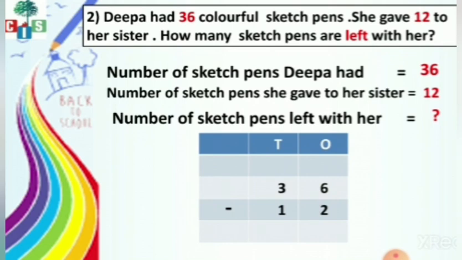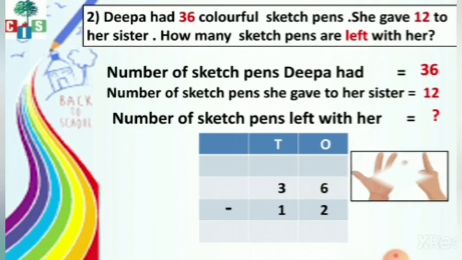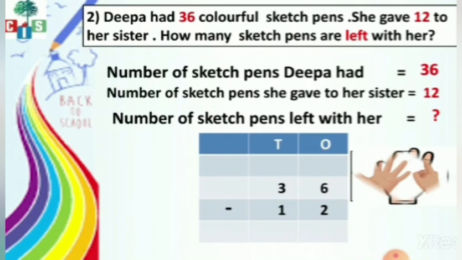So, open your 6 fingers and close your 2 fingers. How many fingers are still open? 4. That's correct. So 6 minus 2, you will get the answer 4.